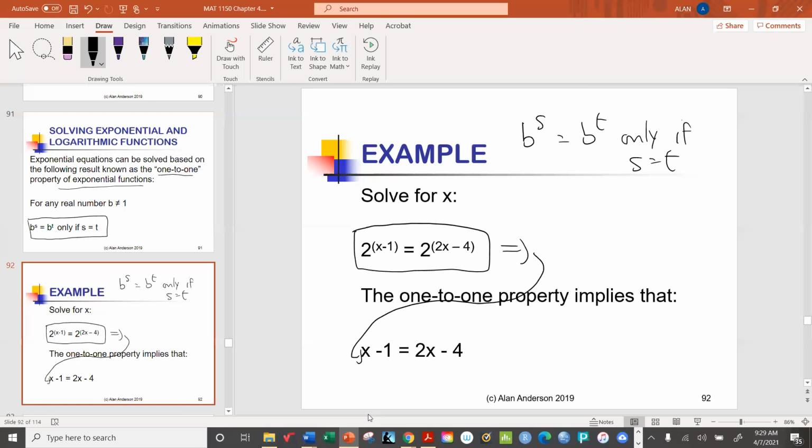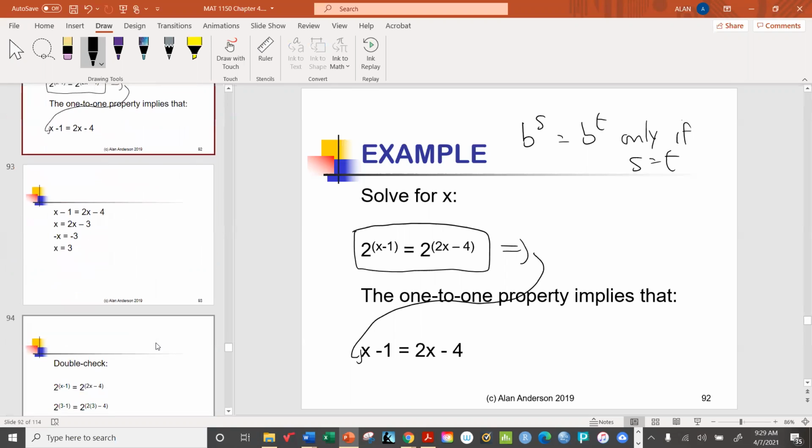And look how nicely this reduces. Suddenly, all we have is a very simple x minus 1 equals 2x minus 4, which we can just solve the normal way by rearranging everything algebraically. And we end up with x equals 3.